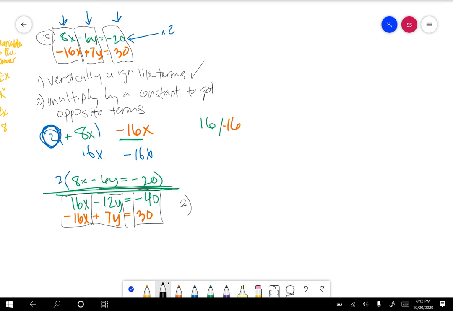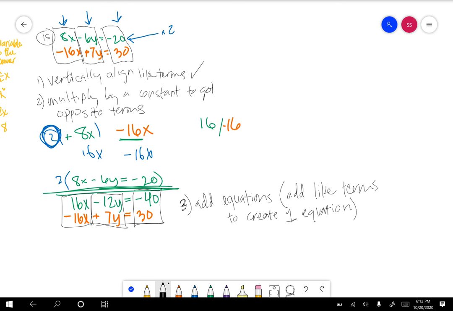Step 3 is to add equations. What I mean by that is add like terms to create one equation. Okay, so let's add these.